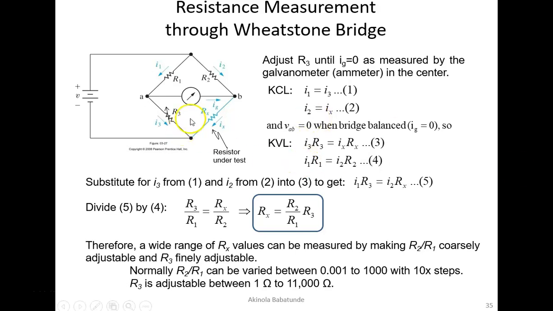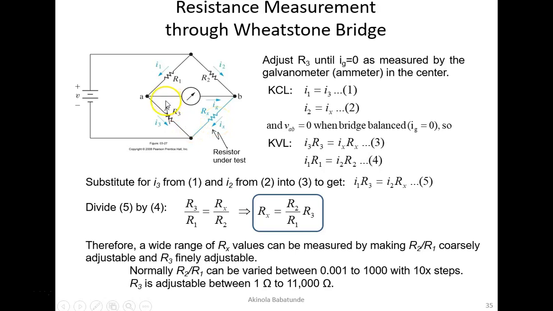Okay, so if you apply KVL to this circuit, what you will find out is that the voltage across this R3, I3 R3, will be equal to the voltage across Rx, which is Rx Ix, because this is a closed path. Why is that?